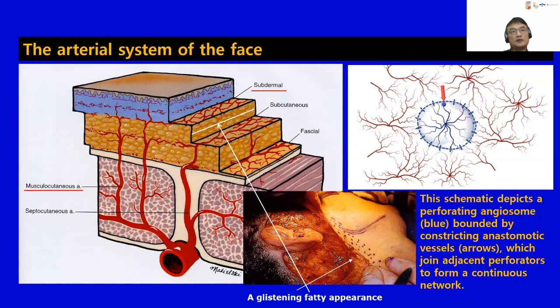That's why when doing an incisional facelift, as shown in the lower right, a minimal fat layer showing a glistening appearance should be preserved. The skin and fat layer contains the subdermal vascular plexus. Too much fat injection, aggressive liposuction, and cutting the perforators of the subdermal plexus must be avoided.